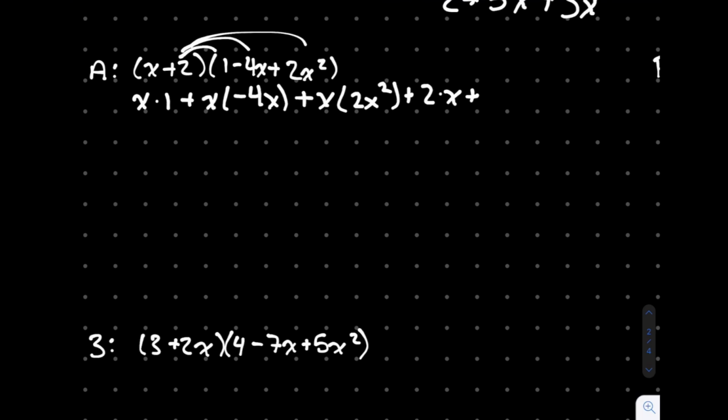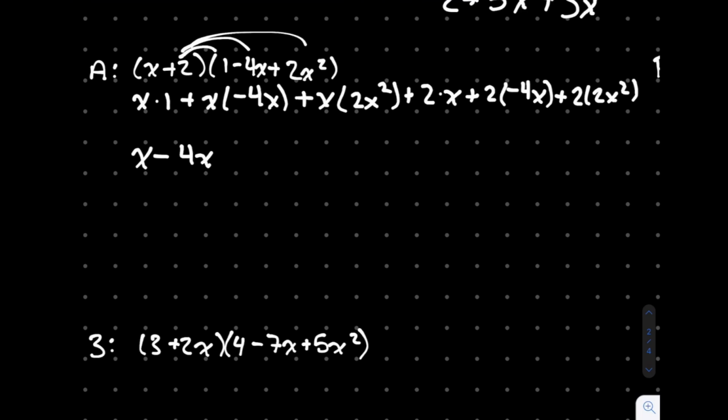Then we'll have 2 times negative 4x. And then we'll have 2 times 2x squared. Important to note that I am putting plus in between all of these, though some will change to negatives later.